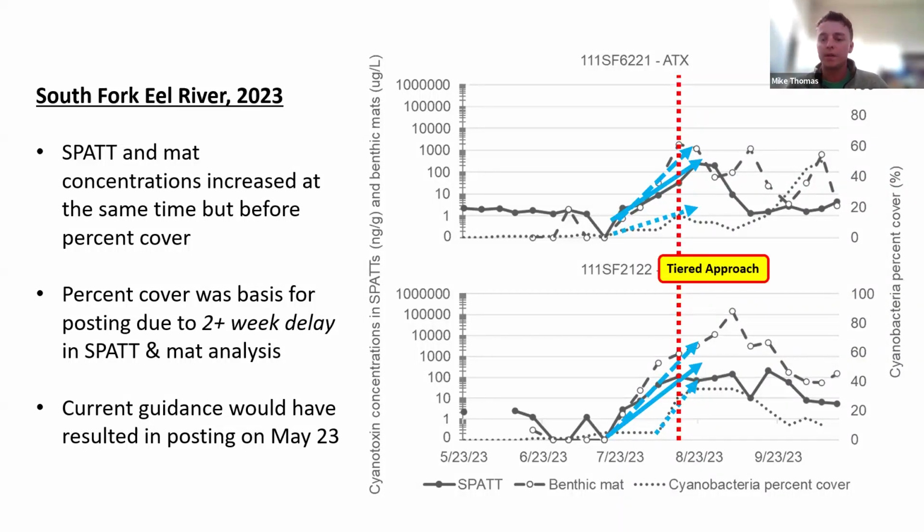At the time of the recommendation, we knew that anatoxins were starting to increase in the weeks prior, but we just did not know to what extent. So as illustrated here, timely results are necessary to effectively implement the tiered approach. The posting was recommended several months later than what would have occurred in late May if we were operating under the current guidance.